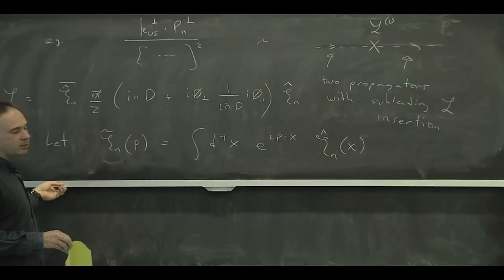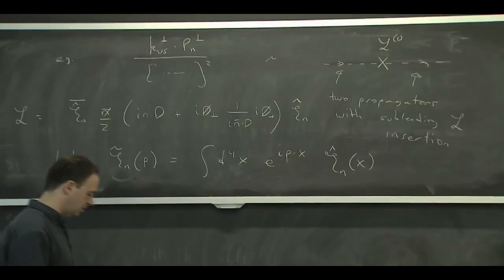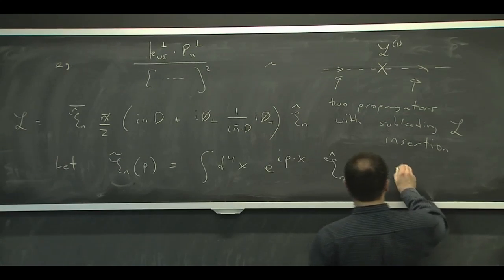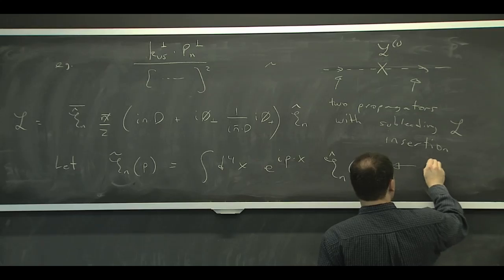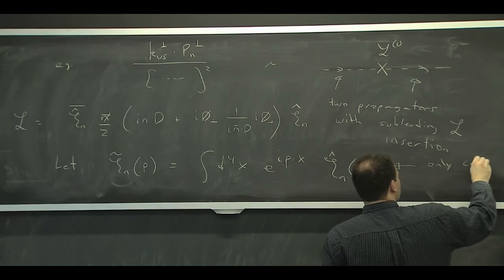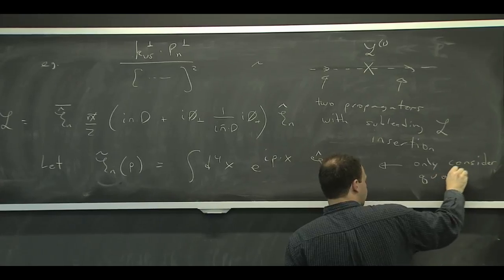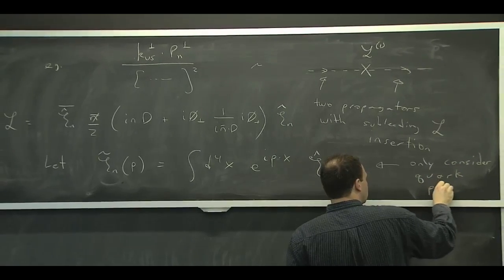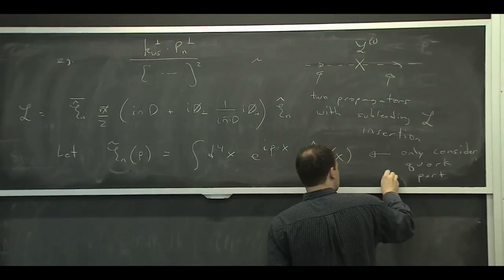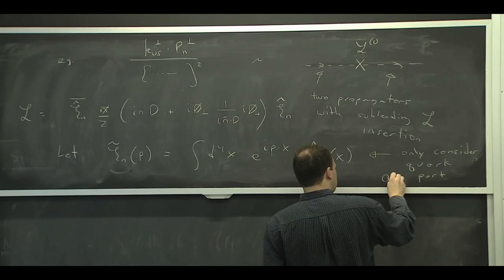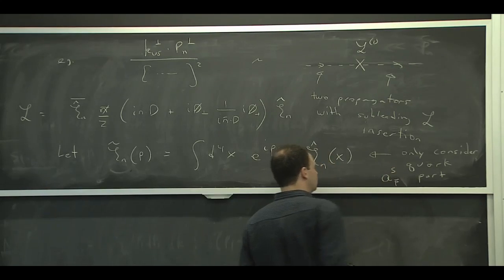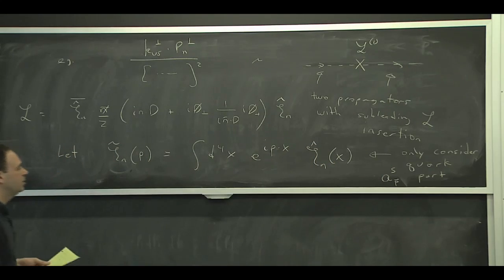And we'll think about doing expansions in this momentum space field. And for now, I'm also going to make one other simplification, and that is to only consider the quark part. And we'll put the antiquarks back in later. So if you like, we're considering sort of the A's and not the B's in the decomposition of the field.